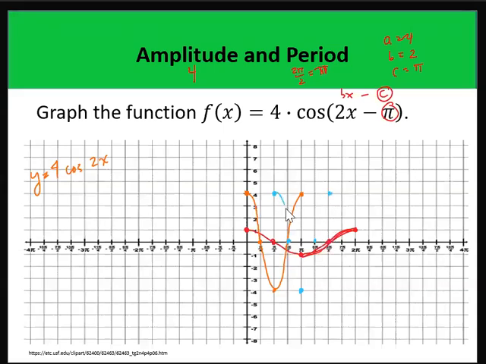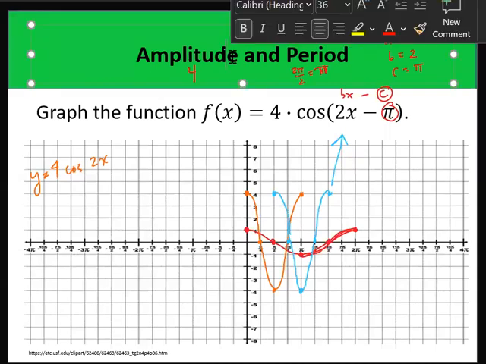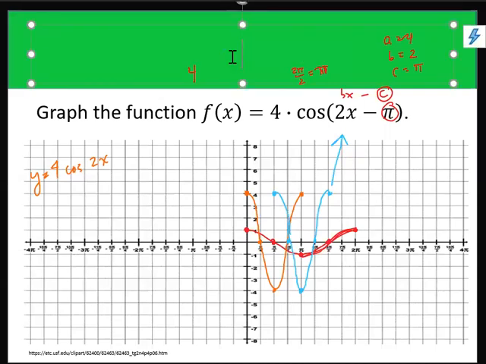So connecting these blue points by the cosine pattern, that's the graph of 4 times cosine of 2x minus pi. So the blue graph is our final answer for this particular problem. Okay, so this is the application of the horizontal shift.